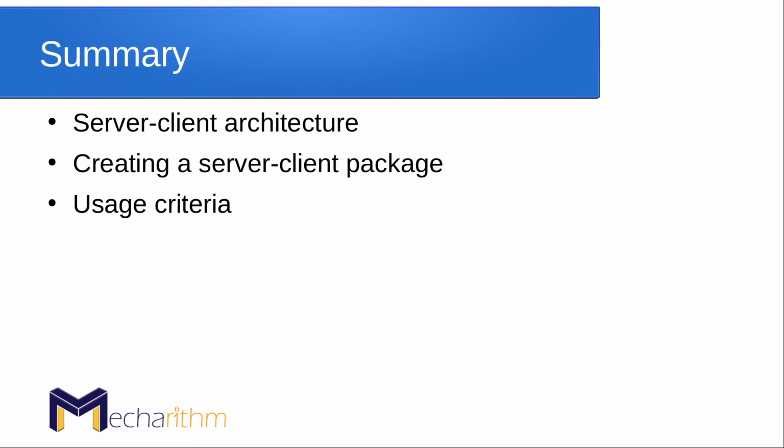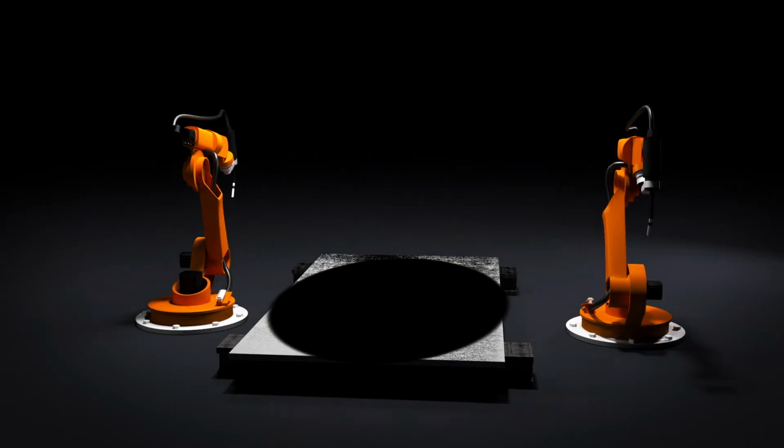But when it comes to server client applications, it's more suitable for enabling or disabling something, triggering an event, something that is not expected to happen a lot. Alright, so that's the usage criteria. So hopefully all of that made sense, and in the future when you get to design your own applications, you'll be familiar with both architectures, and you'll get to decide which one is more suitable for your application.